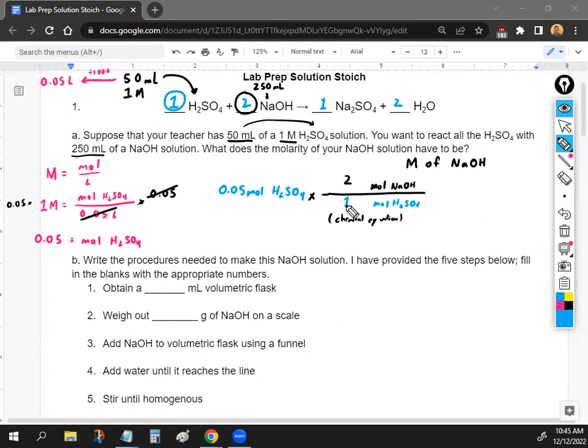Okay, so again, same thing that we've been doing. Since there's moles and moles on the same fraction, we get the numbers from the equation. Okay, and I'll do the math for you guys just to keep it simple. You just do 0.05 times 2, and that'll give you 0.1 moles of NaOH.